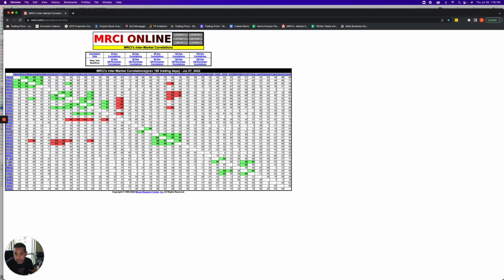So if I scroll over to gold, platinum, silver, and copper, I can see that over the last 180 trading days, my US dollar, that indicator that I love to help me add confluence, not confusion, but confluence to metal trades, gold and the dollar are only at a negative 19.